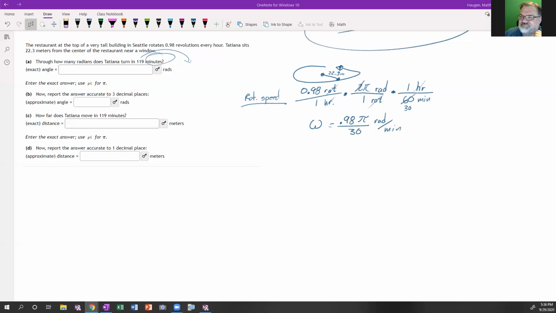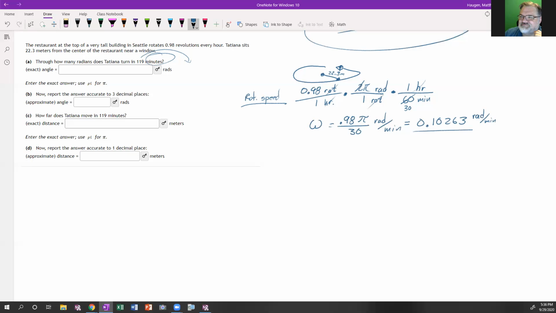Divided by 30, we should have expected somewhere around 1/10, but 0.10263, just to carry some accuracy along. So that's our angular speed in radians per minute.